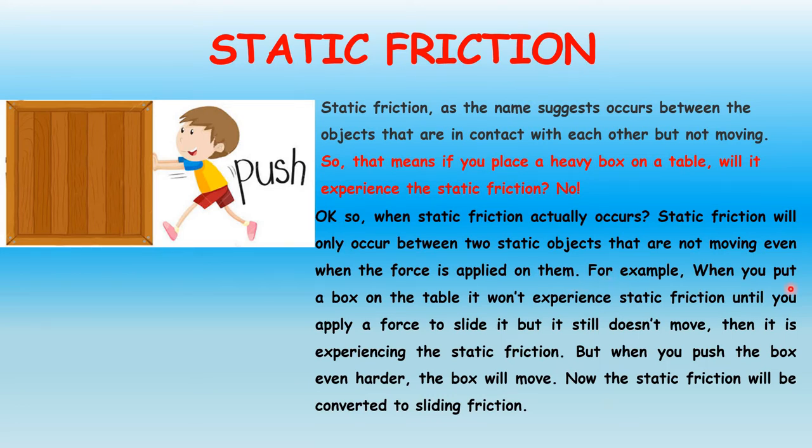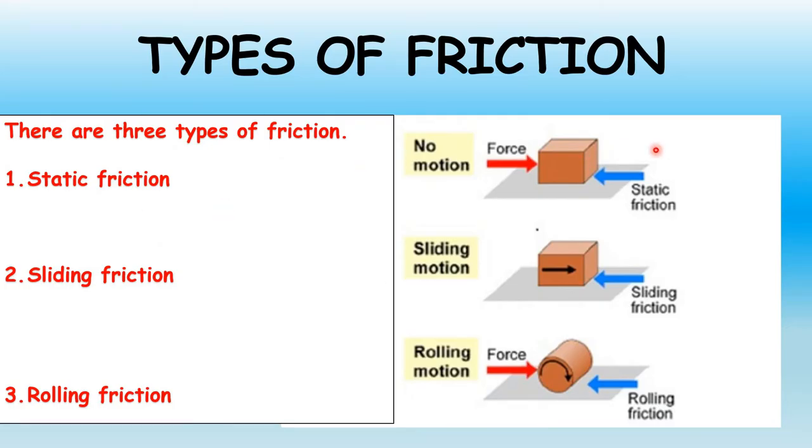For example, when you put a box on the table, it won't experience static friction until you apply a force to slide it, but it still doesn't move. Then it is experiencing the static friction. But when you push the box even harder, the box will move. Now the static friction will be converted into sliding friction. Hope it is clear.